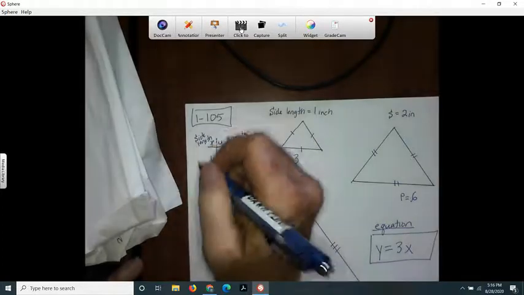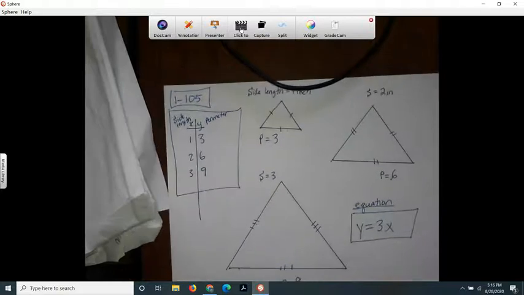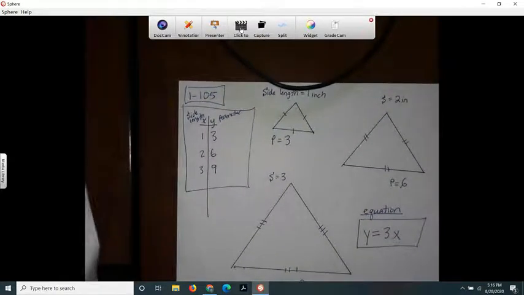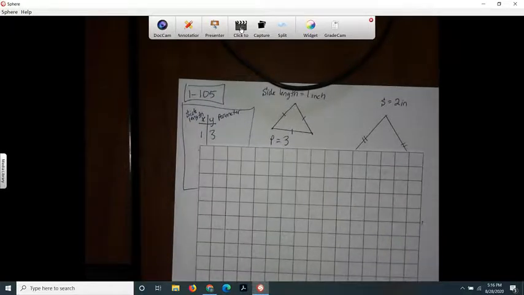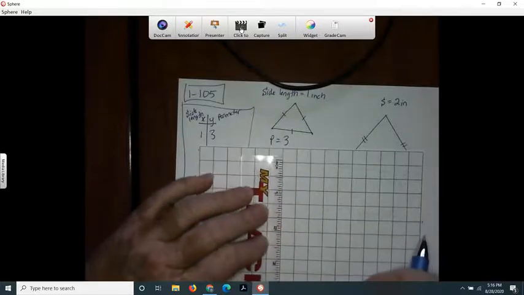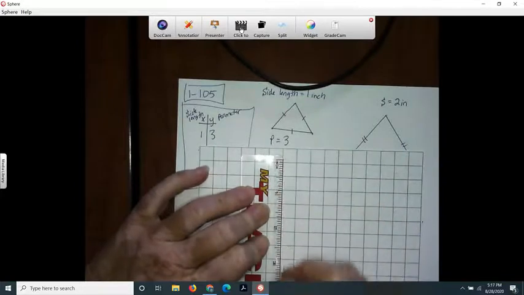And then I'm just going to make a graph. And I'm going to use graph paper. That's the best way to make a graph. I'm going to use a ruler. I don't really need the negative part of my graph because I'm not going to have any negative parts of triangles.